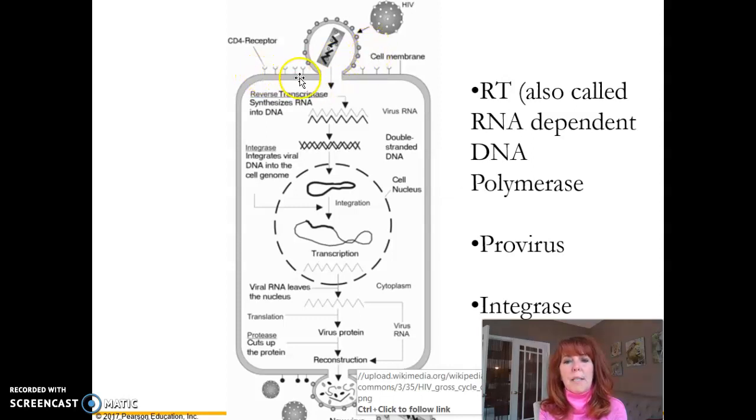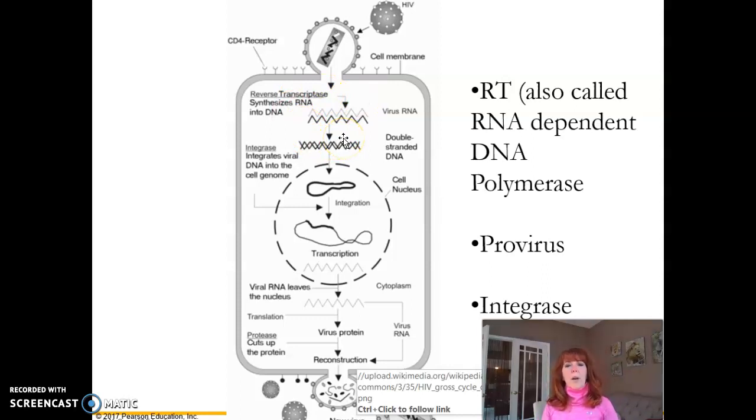The CD4 receptor is necessary for HIV to enter the cell. HIV, we mentioned, has GP120 on its surface, and that GP120 has to interact with CD4. When that happens, the genetic material, the RNA of HIV, is able to get inside the T cell.